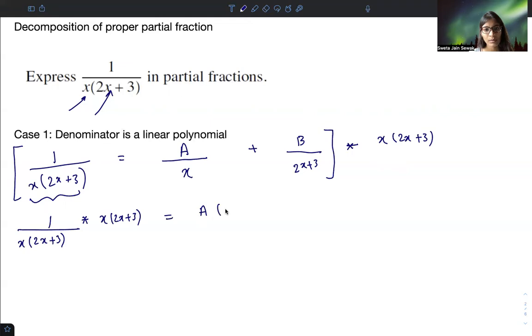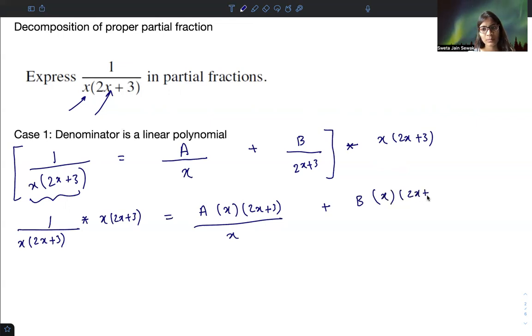A multiplied with x times 2x plus 3 over x, plus B multiplied with x times 2x plus 3 over 2x plus 3.